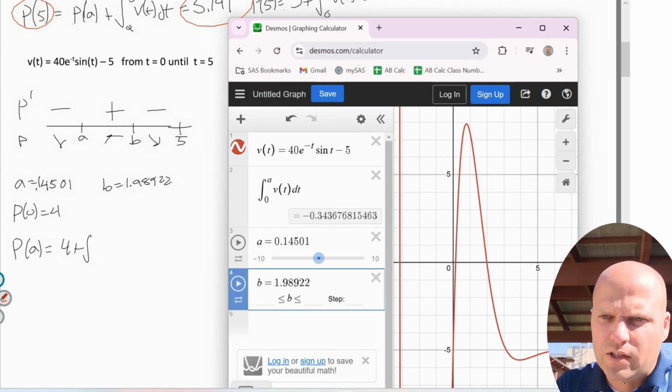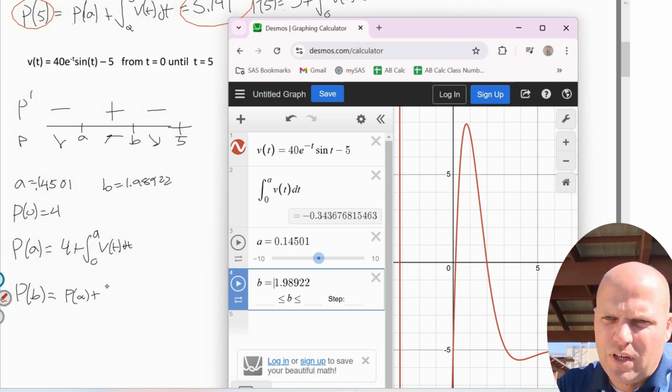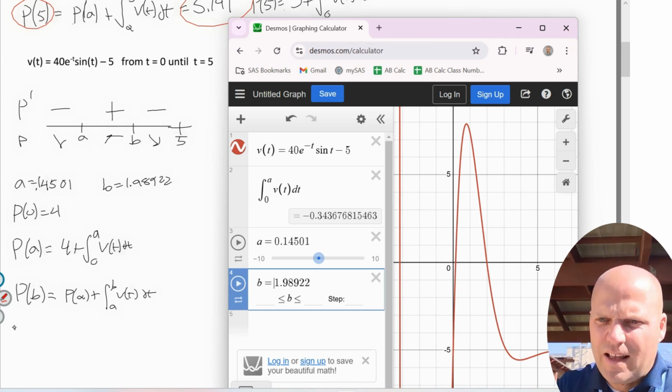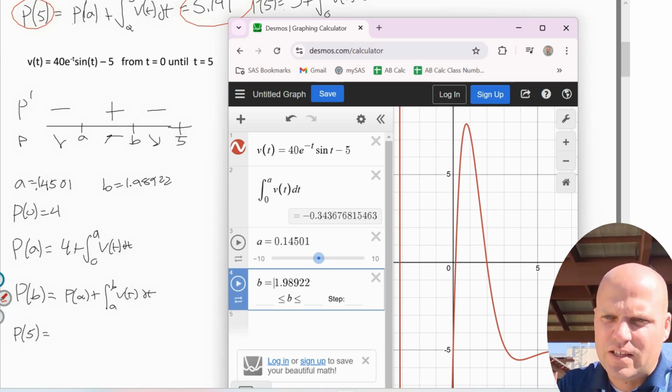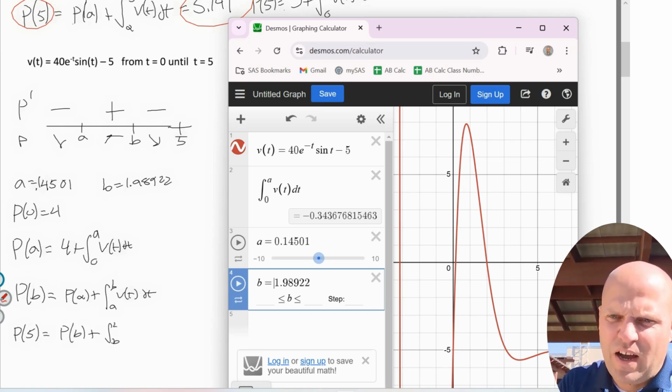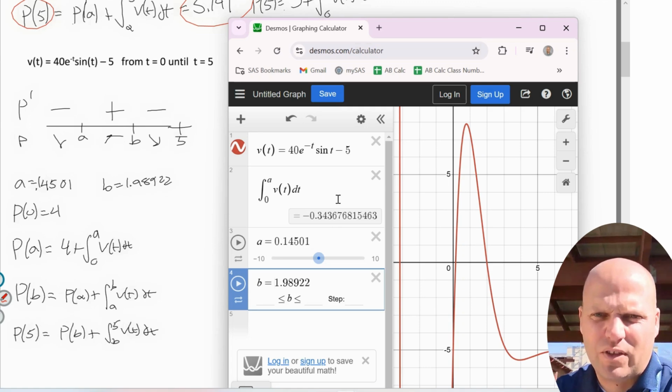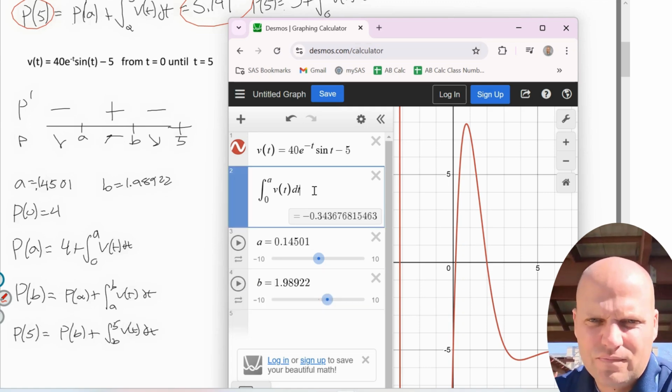P of A is 4 plus my displacement of position, which is accumulating my velocities over time. P of B is that plus A to B. And then P of 5 is that plus B to 5. That's probably easiest to do, but I'll show you.